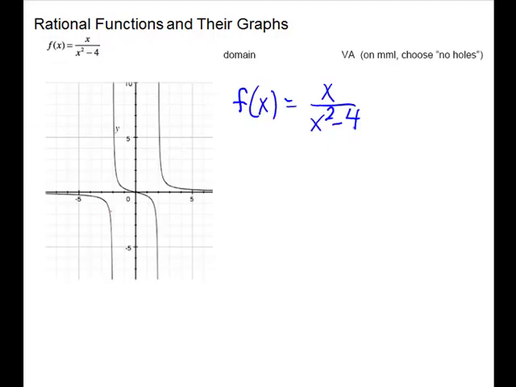Here we have another example. I just wrote our function bigger, and they want us to find the domain. So we set the denominator equal to 0. I'm just going to move this way a little bit. Factor, this is a difference of squares.